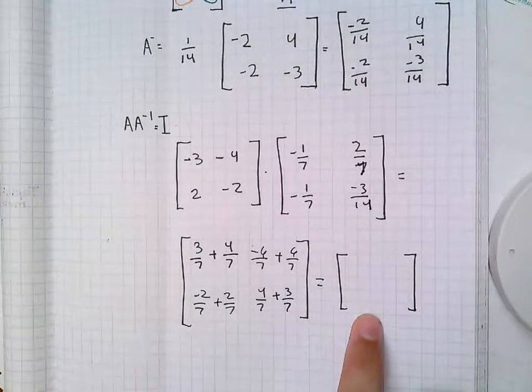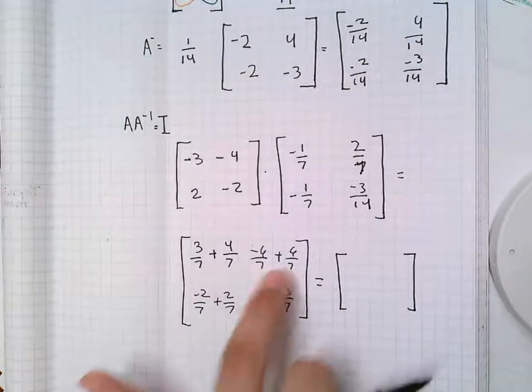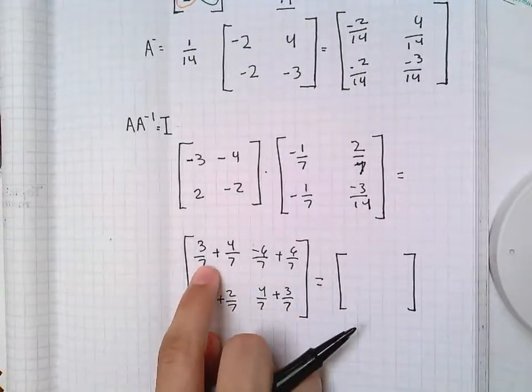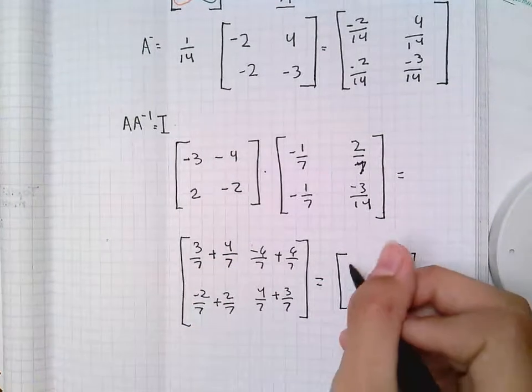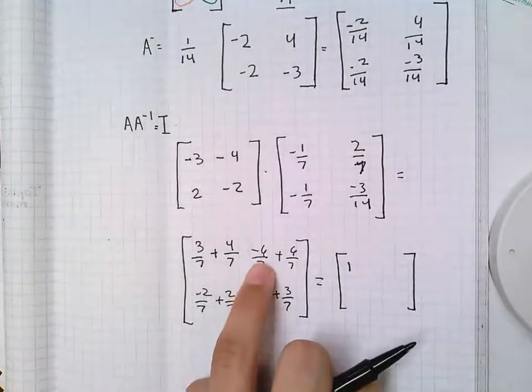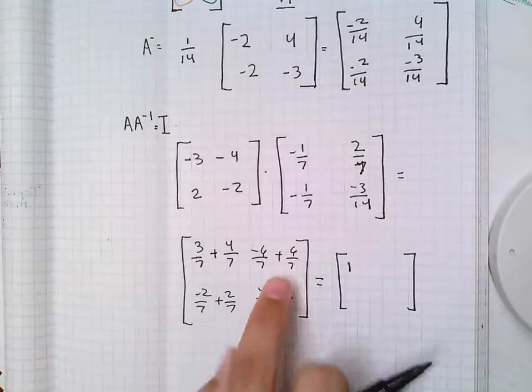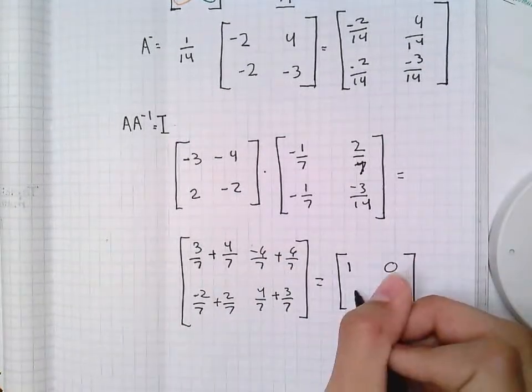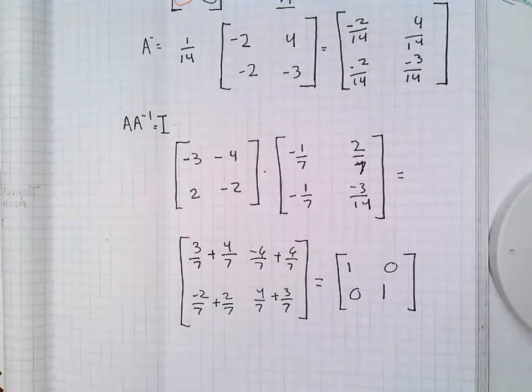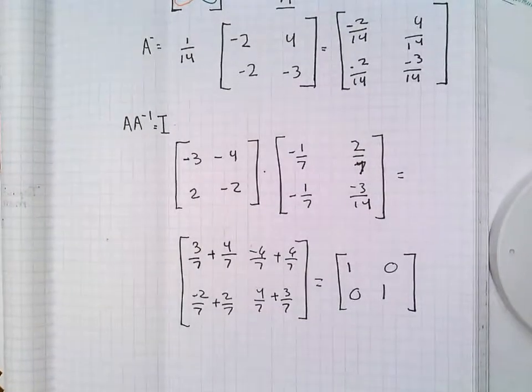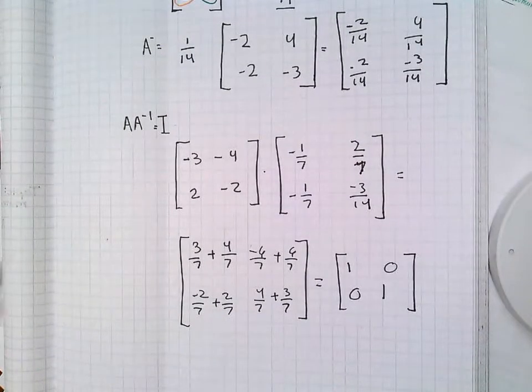We will get our identity by adding all of these. So 3/7 plus 4/7 equals 1. Negative 6 over 7 plus 6/7 equals 0. And so forth.